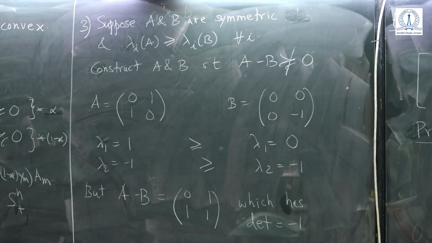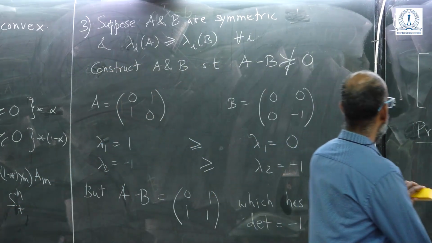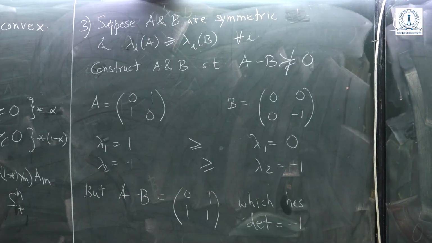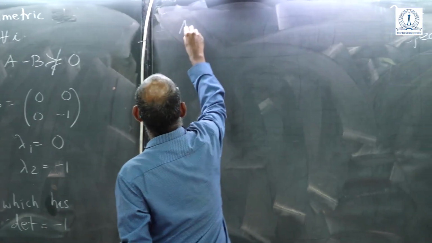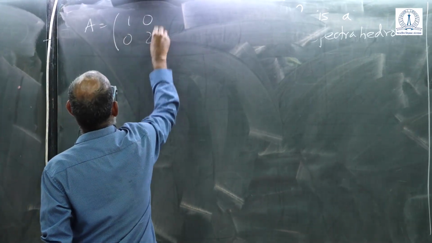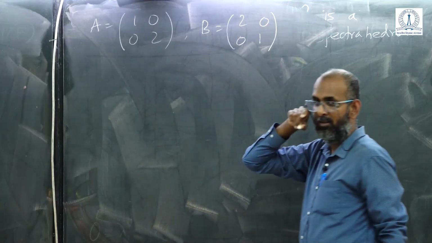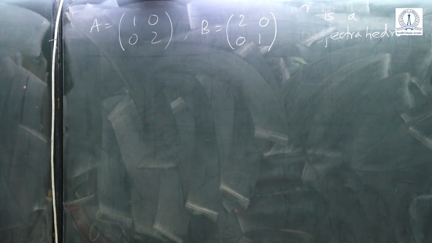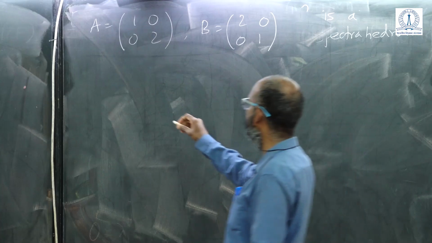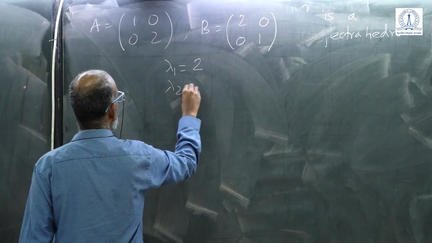Someone has an even simpler example, so what I said was wrong. If you take A equal to 1, 0, 0, 2 and B equal to 2, 0, 0, 1, they share the same eigenbasis, but because of the ordering being messed up, lambda 1 is 2 and lambda 2 equals 1 for both.